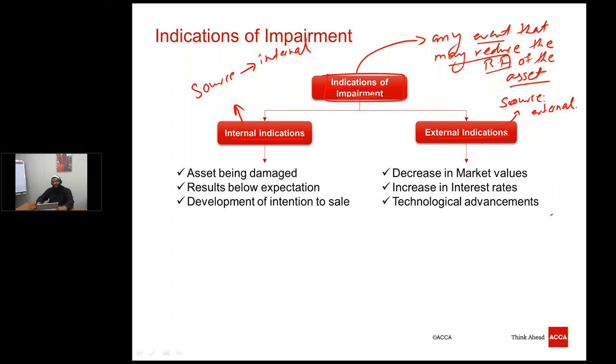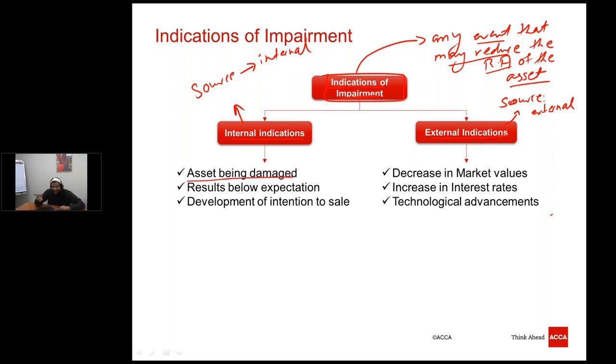So an internal indication is any event which we internally got to know that may reduce our recoverable amount, and any event that we got to know externally from outside information that may reduce the recoverable amount is called an external indication.